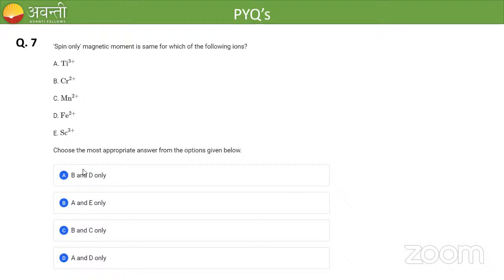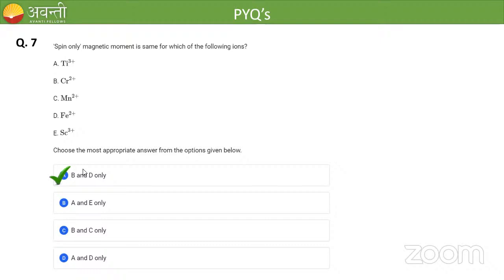Vaishnavi's option is A. Any other? Has anyone tried? So the correct answer is option A.